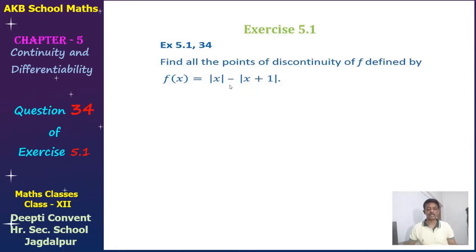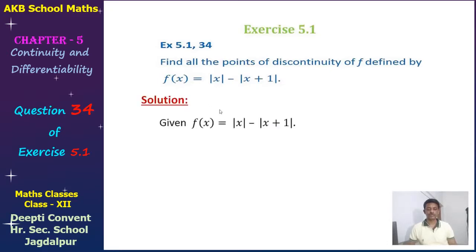We have to use the modulus function here. The important thing is that we have to find points of discontinuity. Here the function is defined for all real numbers. So let us solve it.